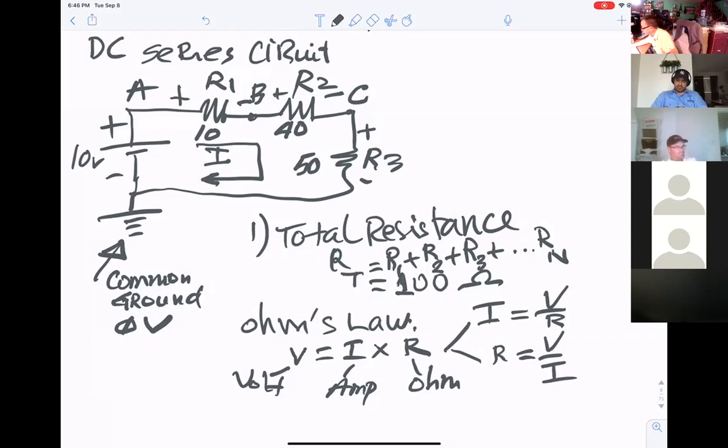Now, voltage, by definition, is a potential difference.